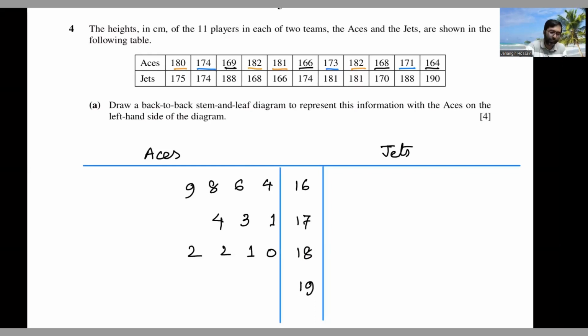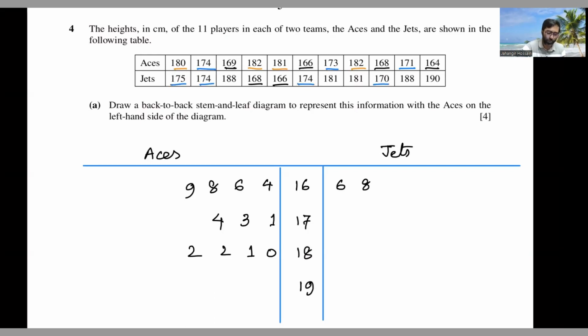Now for the Jets, in the 160s, how many are there? 160, 158, 166, so 0, 6, 8. In the 170s, we have 0, 4, 4, 5.